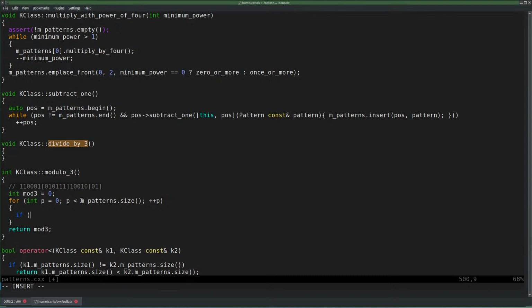Then if the current pattern type is unequal once, it's more like an assert. It must equal once, or the modulo must be 0.